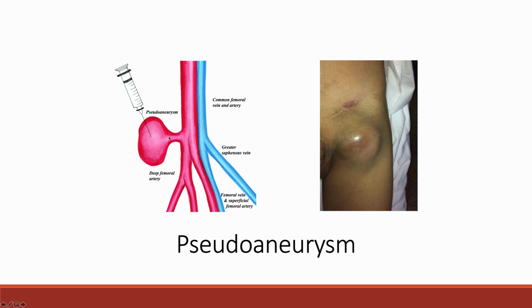So the way to fix this is to have the patient get an ultrasound guided closure of the pseudoaneurysm. The ultrasound tech actually does this, and they just take the ultrasound wand and hold it right over top of the groin, and they see where the neck of the pseudoaneurysm is. They hold pressure right there until they can close it and stop the flow from going into it.